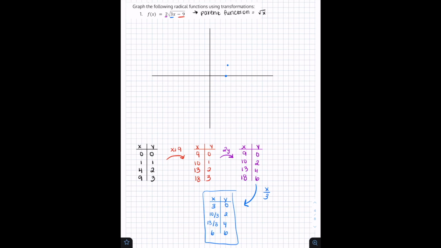We have 13 divided by 3, which is 4.3-ish, so we're going to put that there. And then we have 6, 6. And that is what our radical function would look like.